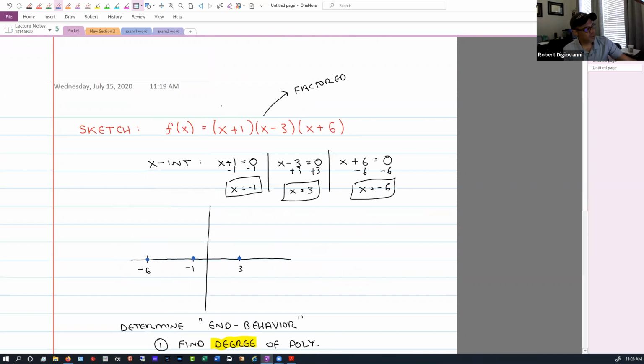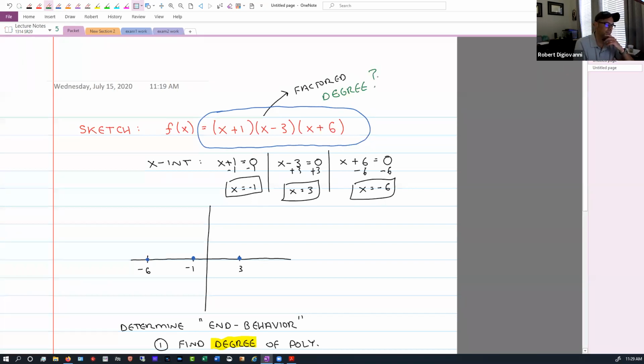So looking at this right here, and this is where things get a little tricky, can somebody take a guess as to what the degree of this polynomial is and maybe explain why you're coming up with that? Anyone have an idea? Take a guess. 3.